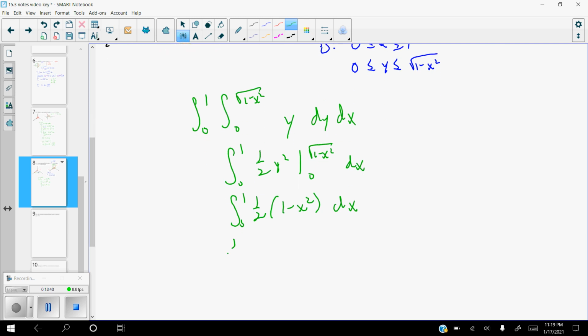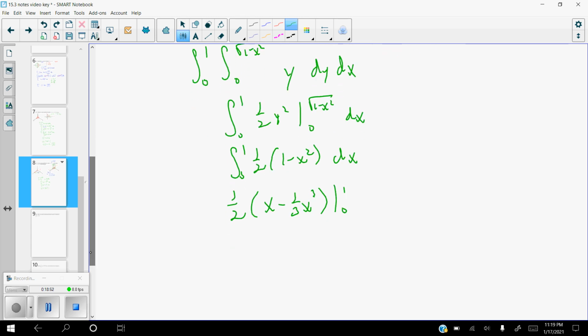From here, I'm going to pull the 1/2 out to the front. Antiderivative of 1 is x. Antiderivative of x squared is 1/3 x cubed from 0 to 1. Plugging in the 1 is going to give me 1 minus 1/3 on the inside of the parentheses. Plugging in the 0 gives me nothing. So it looks like I have 1/2 times 2/3, which is going to end up being 1/3.